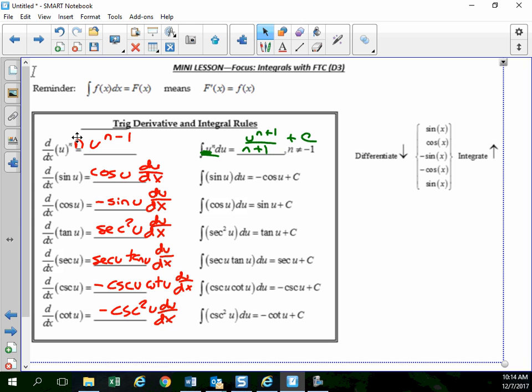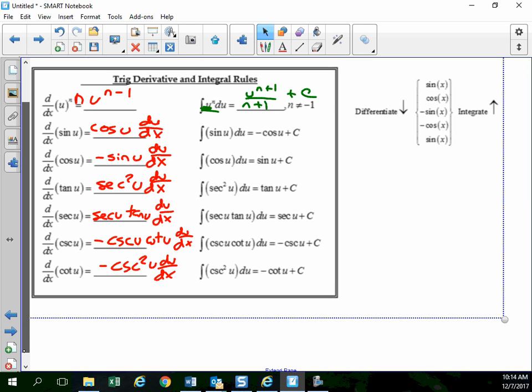The integration of negative sine is cosine. The integration of cosine is sine. So if that makes sense to you, great. You can use it. If it doesn't make sense to you, then don't worry about it. And just memorize. I don't care how you do it. That is literally your choice of how you decide to memorize things.